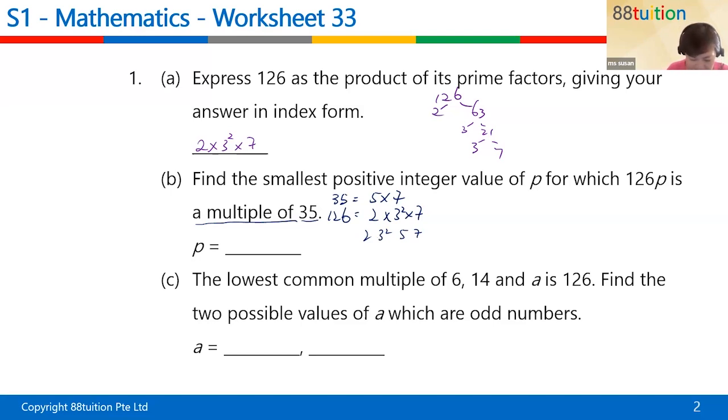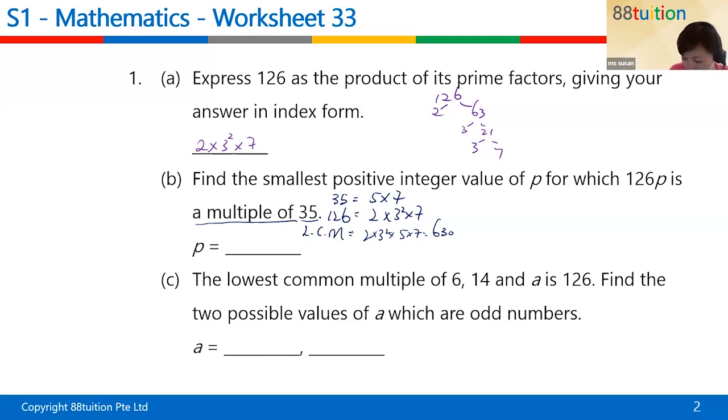It's a multiple. So you will get 630, and then you divide by 35. So this one is the lowest common multiple that you found.